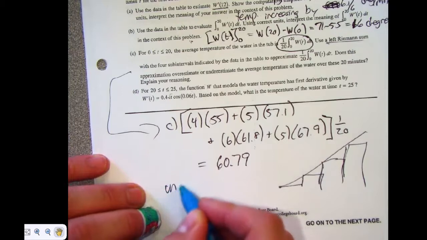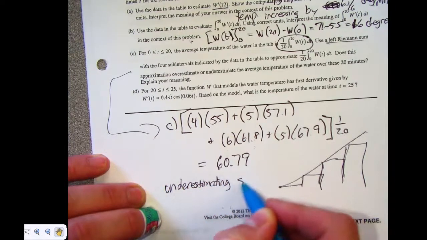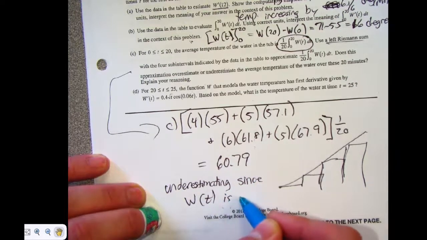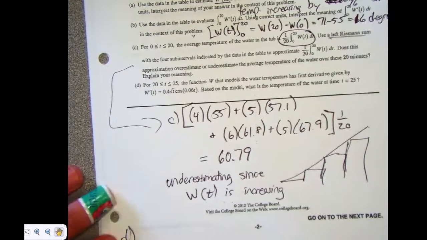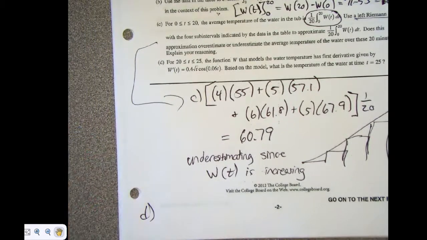So you're just going to say underestimating since W of t is increasing. Don't say "since it is increasing," that doesn't do anything. You can say the temperature is increasing. We don't know if it's steadily increasing because we only know those 5 points. It could be zigzagging in between, and we don't know.